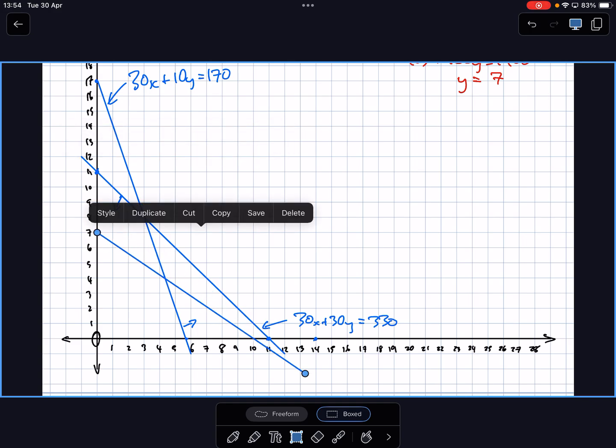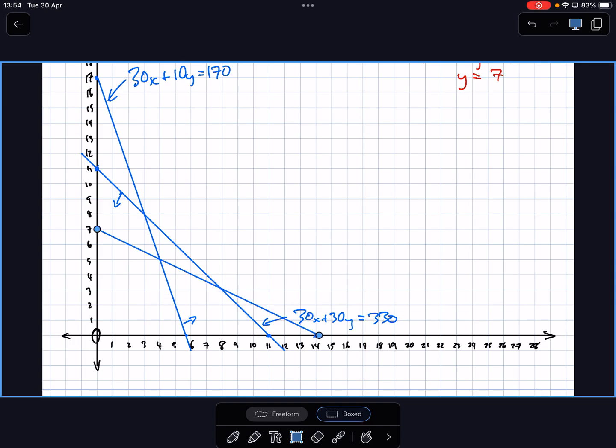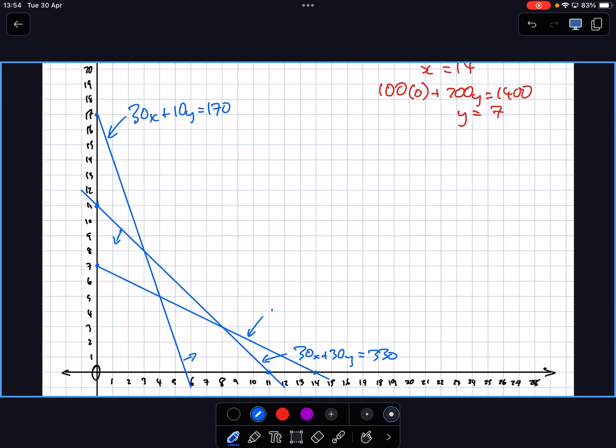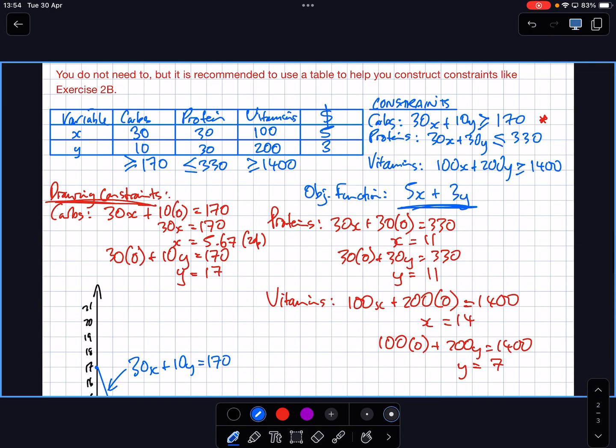I'll stop after drawing and colouring in the simplex so that you've got time to catch up. What line is this? 100x plus 200y equals 1400. And according to the constraint, which direction am I going to colour in? Up to the right.